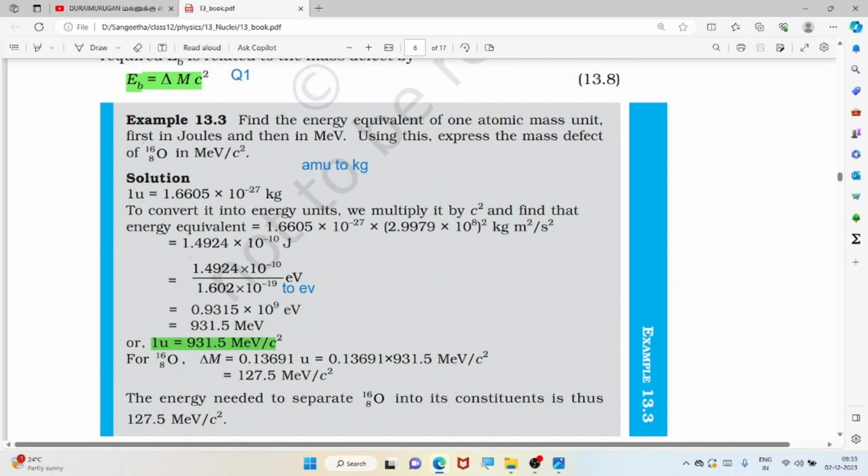So here you are actually converting one atomic mass unit into mega electron volts. You can also directly use this value, but I substituted like this.